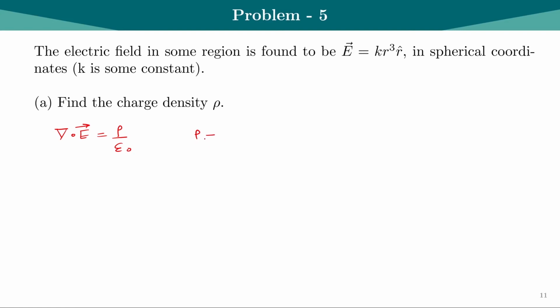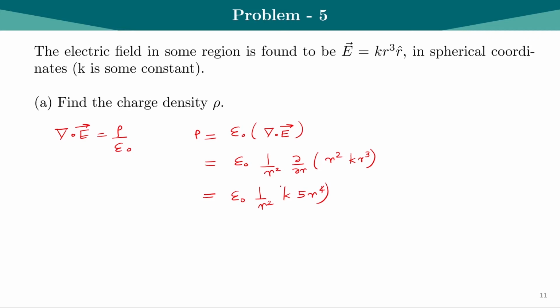And hence, we have rho as equal to epsilon 0 times del dot E. This is epsilon 0 times 1 by r square dou over dou r of r square times k r cube in spherical coordinates. So this is equal to epsilon 0 times 1 over r square times k times 5 r raised to 4. And this is equal to 5 epsilon 0 k r square.